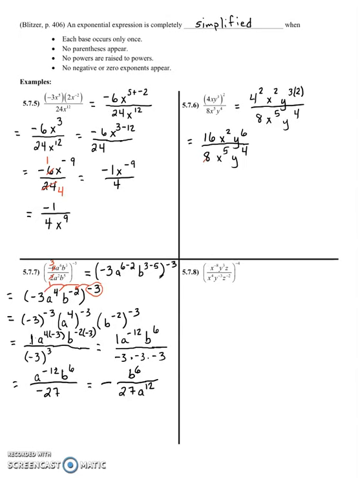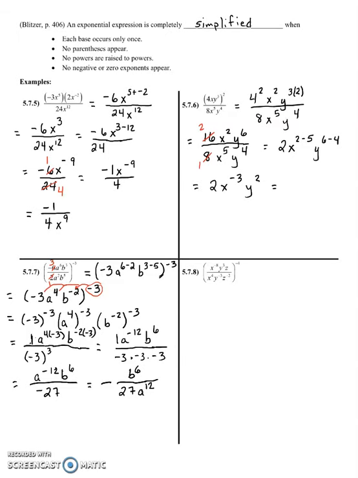Okay, 8 goes into 8 once, and it goes into 16 twice. So we have 2 x to the 2 minus 5, y to the 6 minus 4, applying that rule for division. So that's 2x to the negative 3, y squared.